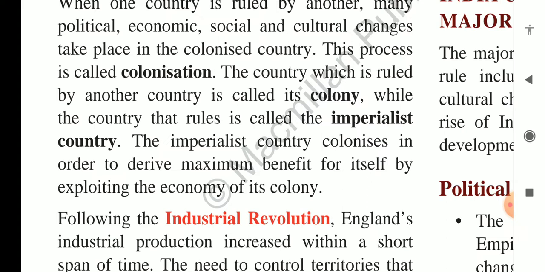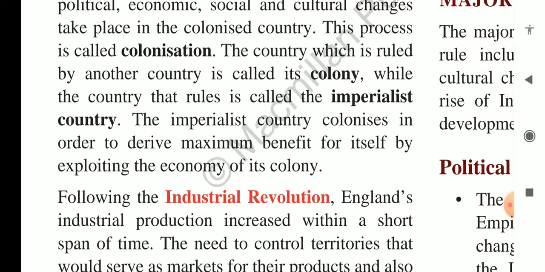That is why we were identified as a colony of the British. And the country which rules is called the imperialist country. Right? So India was a colony of the British and the British were the imperialists because the British were ruling India.